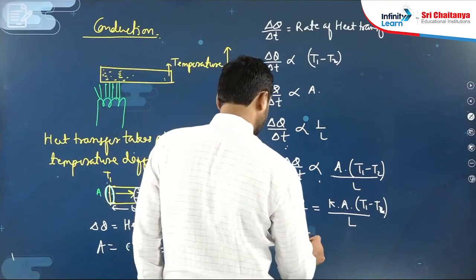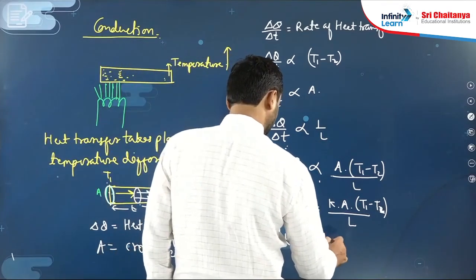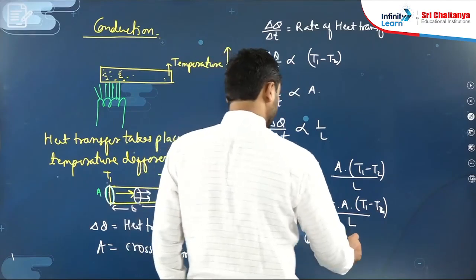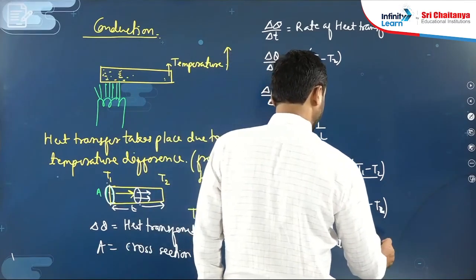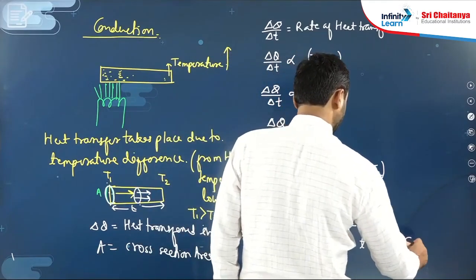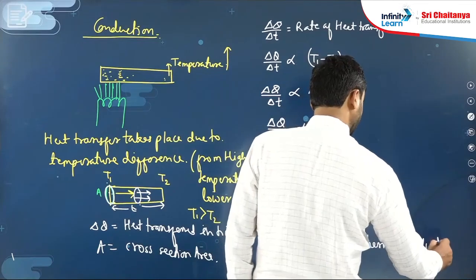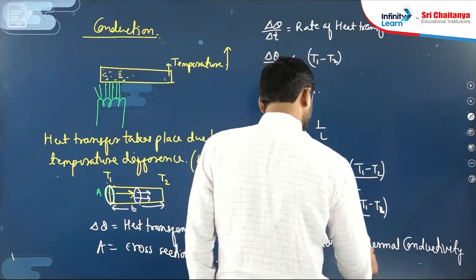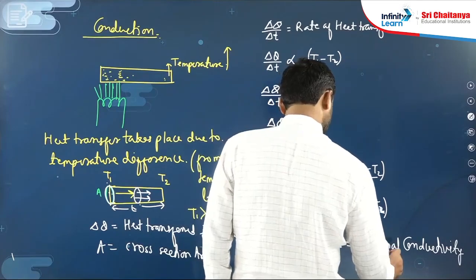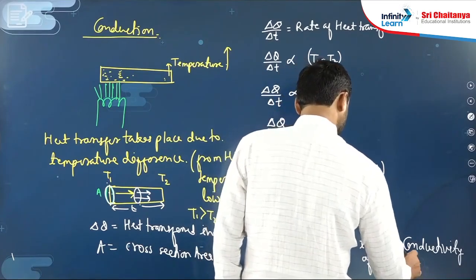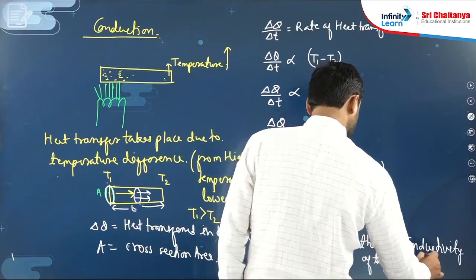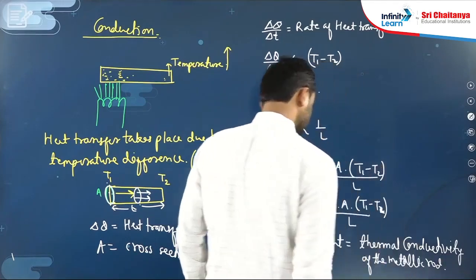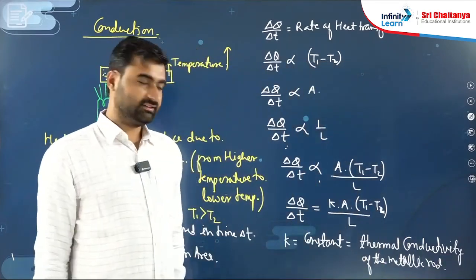K is a constant and we call it thermal conductivity. What do we call this constant? Thermal conductivity of the metallic rod. Is it clear?